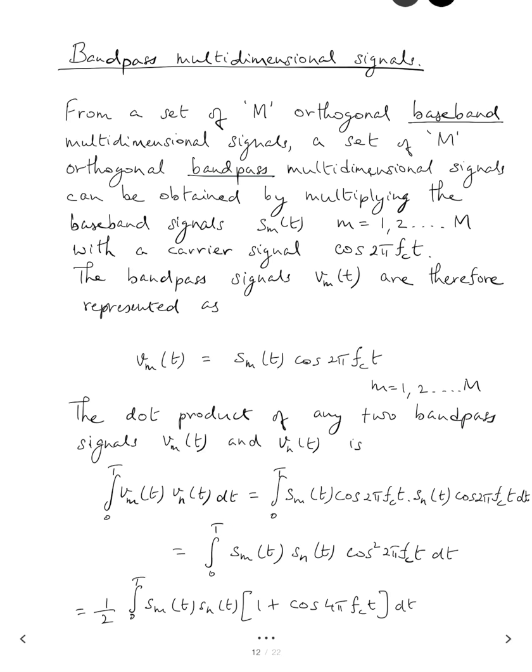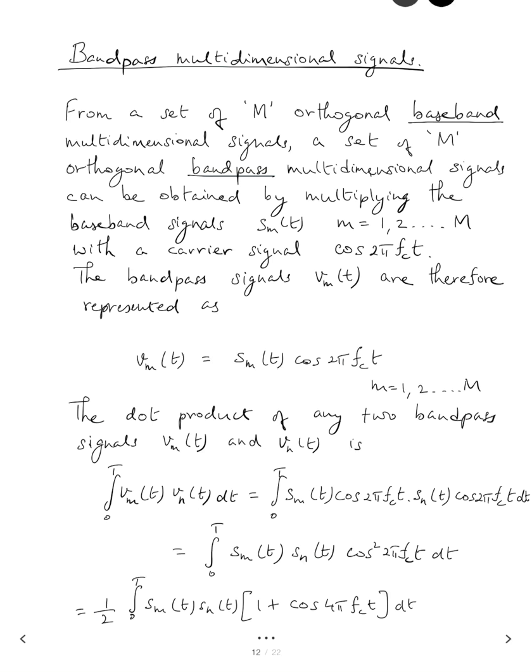And we can use the trigonometric identity for cosine square theta as (1 plus cosine 2 theta) by 2. So cosine square 2 pi fct is (1 plus cosine 2 pi into 2 fct), that is cosine 4 pi fct, by 2. That factor of 1 by 2 has been inserted outside the integral here.